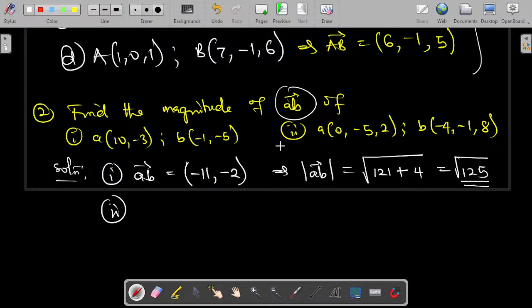So here, this person has asked you to find the magnitude of AB, and then he gave you points A and B. That's because he knows that you will need to get the vector AB first. So all you need to do here is to get the vector AB first, then you now take the magnitude. You already know how to get magnitude, and you already know how to get the vector. So there is nothing more hidden here.